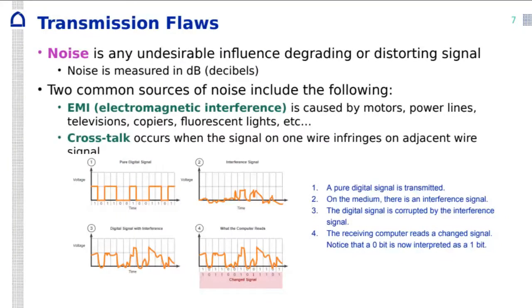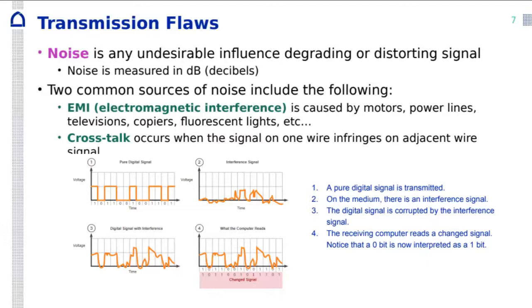These are things that are affecting our transmission, such as noise. Noise is any undesirable influence degrading or distorting a signal. And we measure noise in decibels. dB is decibel. There are two common sources of noise: EMI, electromagnetic interference.